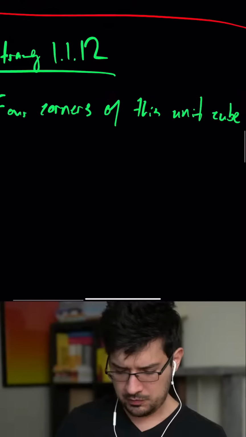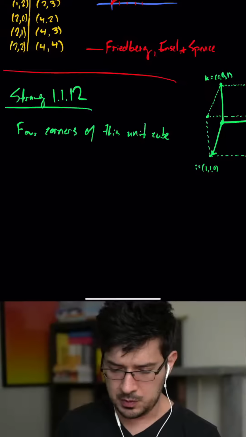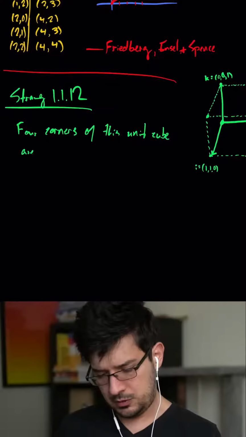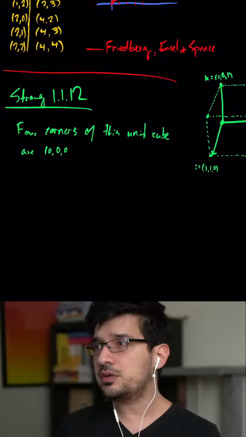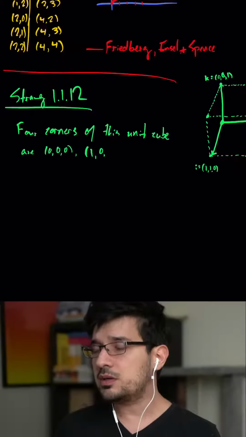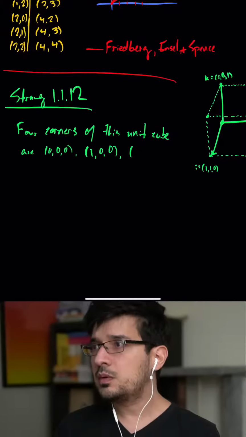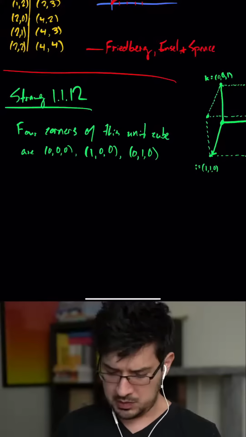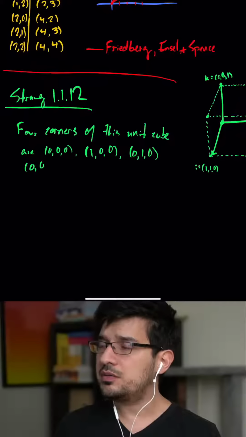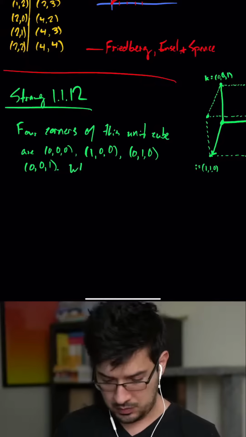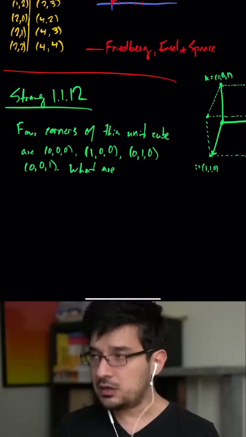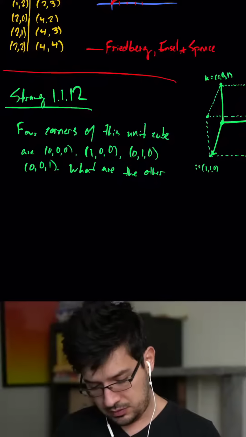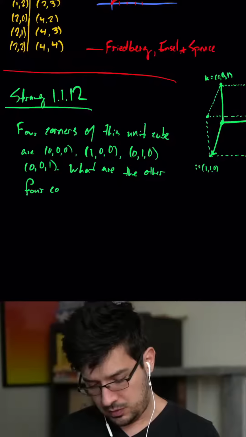Four corners of this unit cube are 0, 0, 0, 1, 0, 0, 0, 1, 0, 0, 0, 1. What are the other four corners?